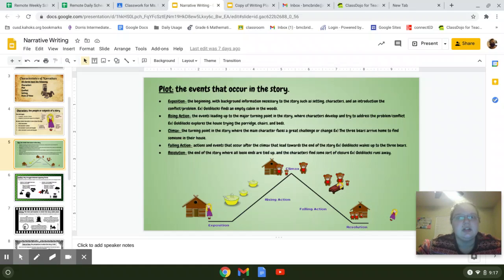You should use a lot of descriptive language because the first half of the story used a lot of descriptive language, which is why I'm having you practice that on Nearpod. But you need to make sure that your continuation of the story flows from the end of the first part of the story. It should mesh really well and seem like it's just one big story that one person wrote.